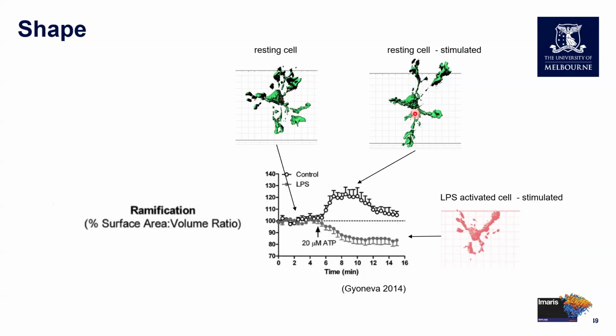You can see it's slightly elongated, but the stimulation actually retracted it like this. It's shorter and thicker if the cell was activated with LPS. So you can quantify this degree of cell ramification using the ratio of the surface area to its volume. You can see this one is going up and this one is going down like this.